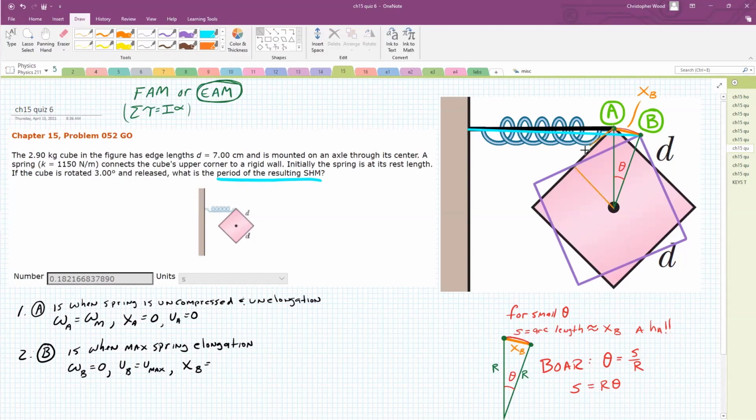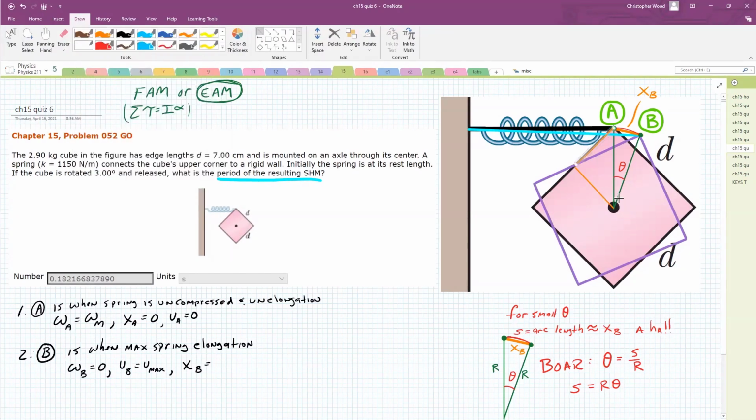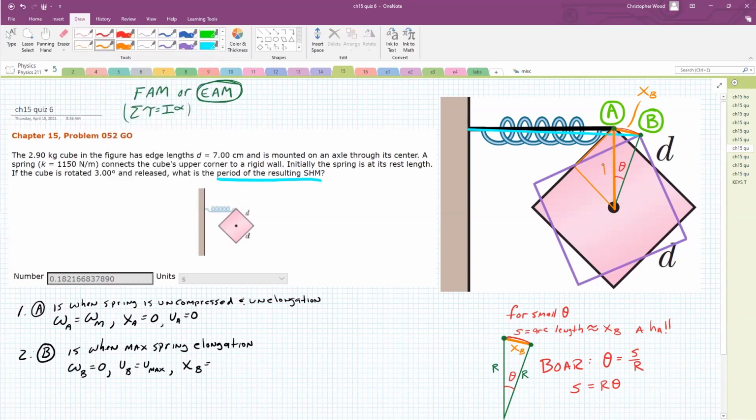Here's a reference line, and then here's R. R is this value right here. This is the arc radius from my axis of rotation to that point there. This is the R I have to find.